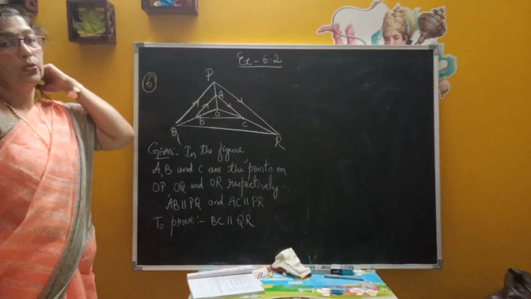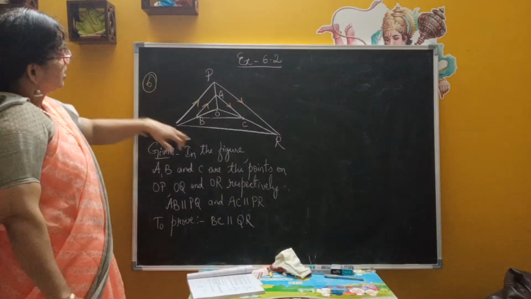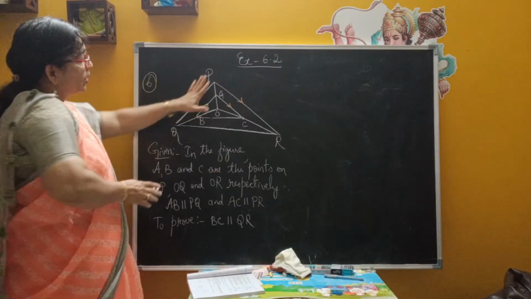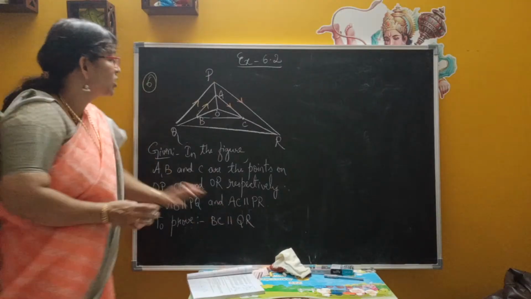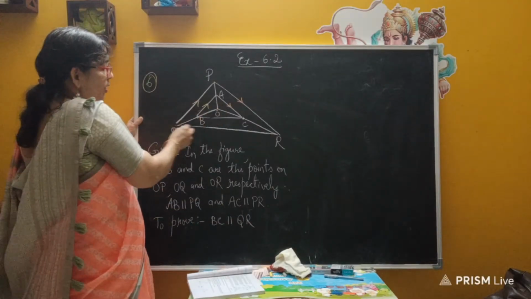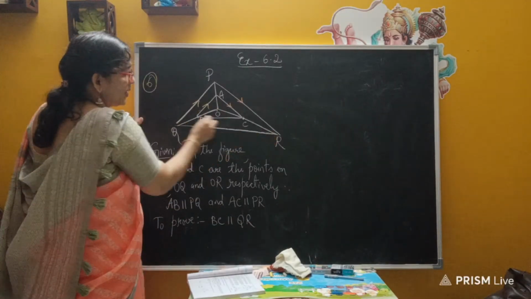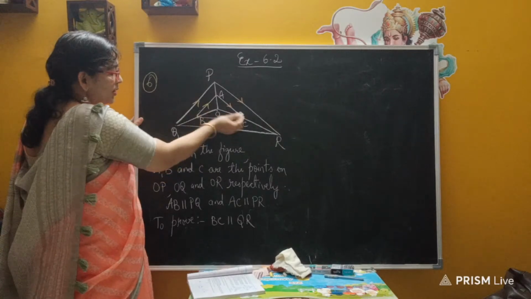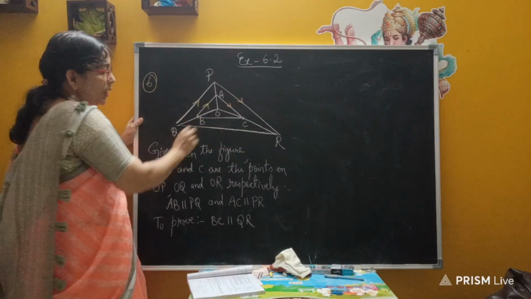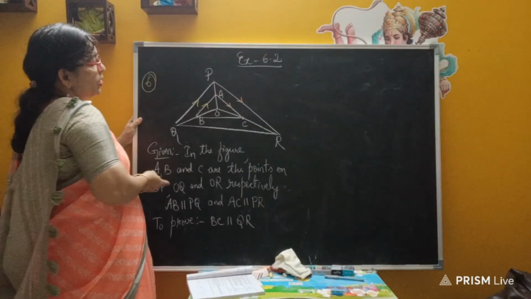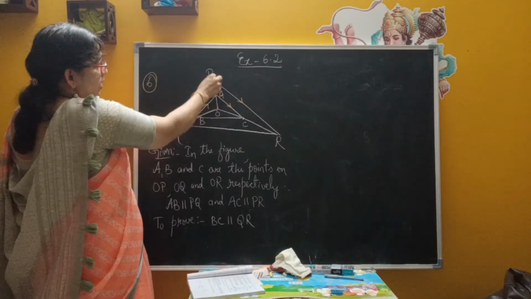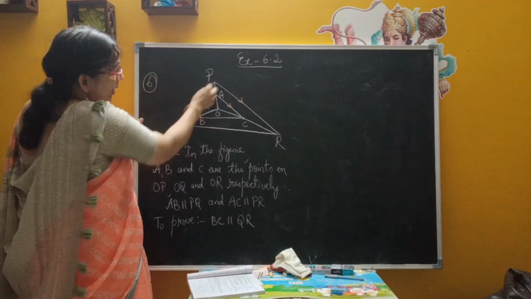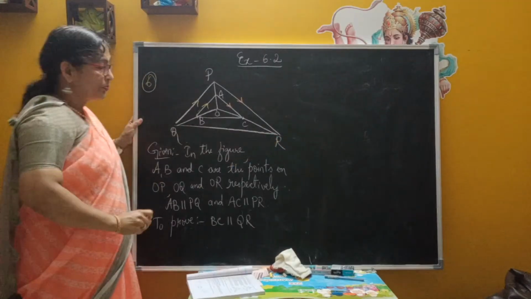How do you prove this now? You see here, BC and QR are in which triangle? Line BC is in the triangle OQR. So let us take the other two triangles, POQ and POR.